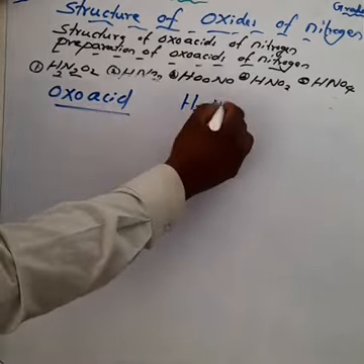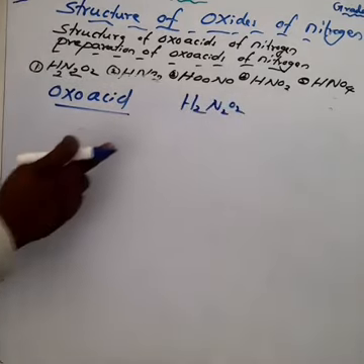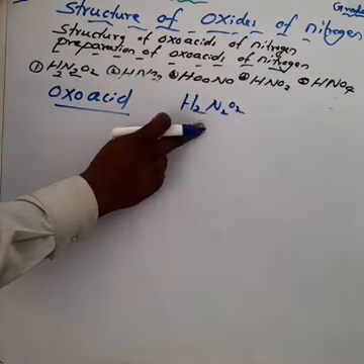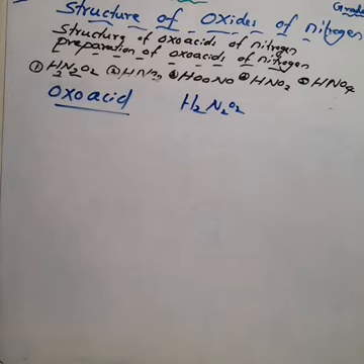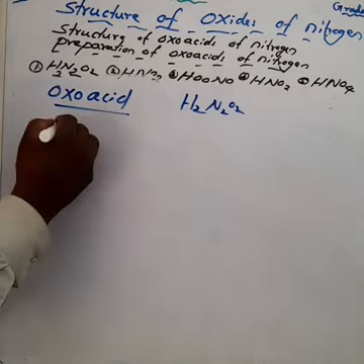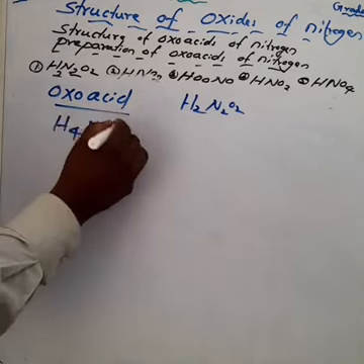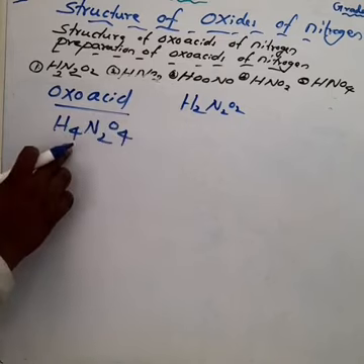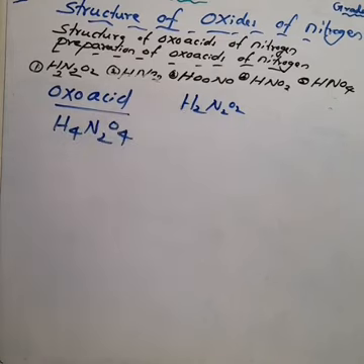H2N2O2. What about the hydronitrous acid? Again we can add 2 more hydrogens. So we get H4N2O4. That means we are adding H2O2. Am I right? H2O2 adding. So what is the previous one? Hyponitrous acid.